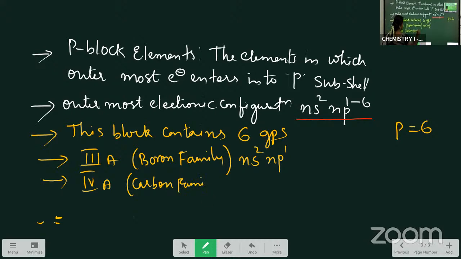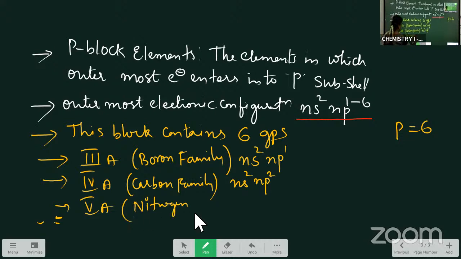You can write this if you want, students, otherwise you can leave it off. I'll tell you how to write this. This is NS2 NP2. The next, 15th group, the nitrogen family, has configuration NS2 NP3.